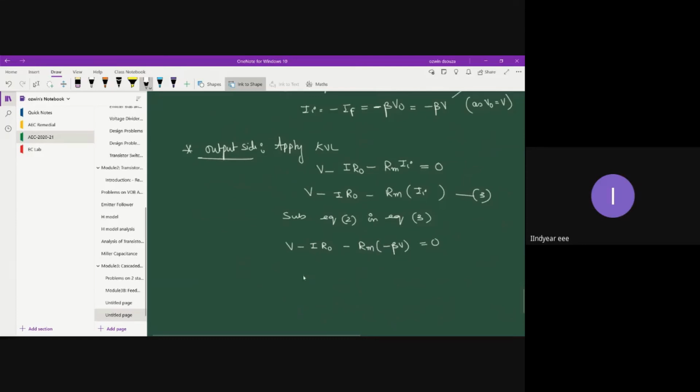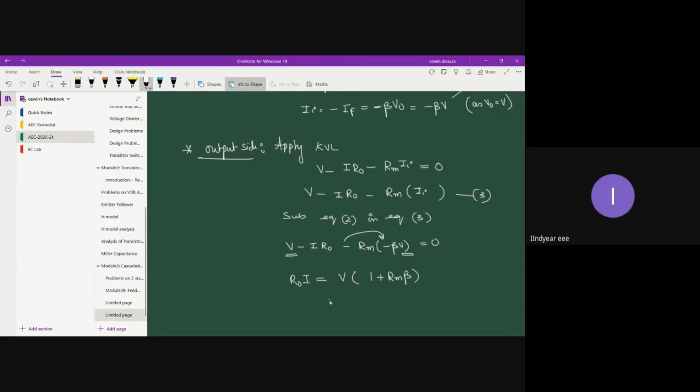Or you can write I is equal to V into 1 plus RM. See, this and this is a common factor, right? So minus to minus, it becomes plus. Let us take I into R naught on the outside. Let me rewrite it. So I into R naught is equal to V times 1 plus RM into beta.